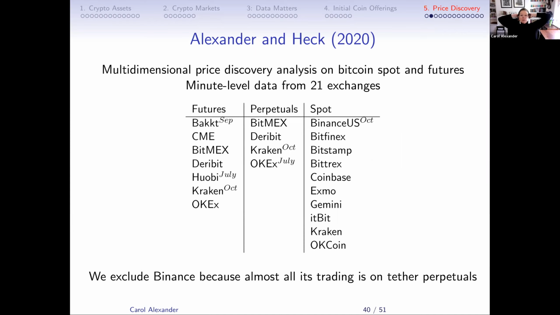So we did a multi-dimensional price discovery analysis. Traditionally, if you look at price discovery in the Journal of Futures Markets, it will be 2 or 3 dimensional at most. It'll be the triangle of the ETF, the futures, and the index, for the S&P 500, like SPY, S&P 500 futures, and the S&P 500 index.